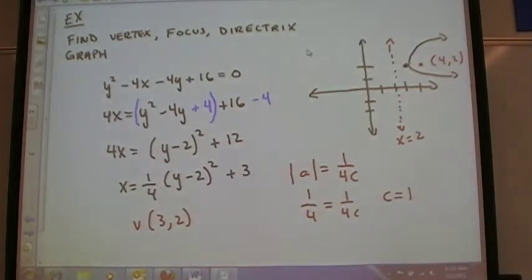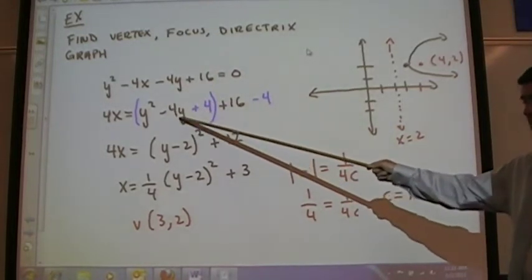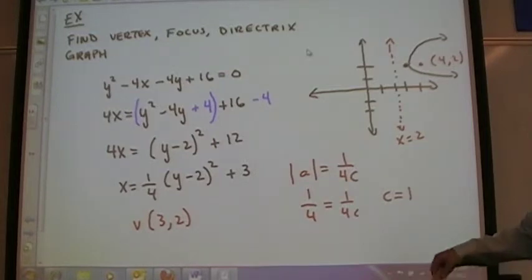Questions so far about how to get the equation? Why did you subtract the 4 from here? Because I had to make up for adding 4 to this side, so I subtracted 4 from this side also. Why did you have to make up for it? Because you would be changing the problem if you didn't. Whatever you did on one side of the equation, you have to do to the other side. Why did you add the 4?